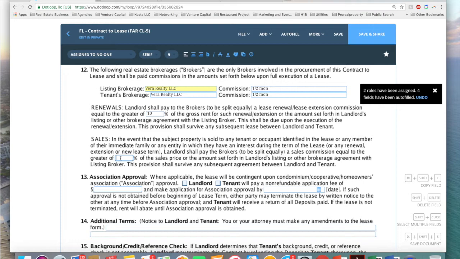So we can put 6% over here, as it's a condominium and there are no standard commission percentages, but 6% is fair. 6% of the sales price or the amount set forth in landlord's listing or other brokerage agreement with the listing broker. This provision shall survive any subsequent agreement between landlord and tenant.